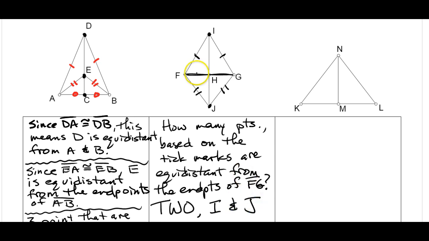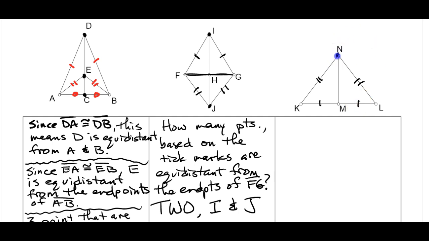Alright, if I put some tick marks on HJ and or HF and HG, then we could say that H was equidistant, but based solely on what I have so far, we would just say these 2 points. Alright, we could have a picture like this where NK and LK are congruent and MK and ML are congruent.